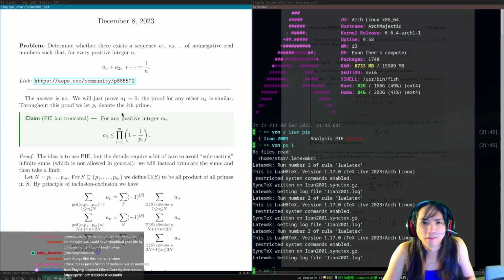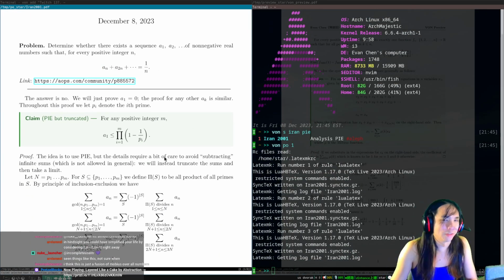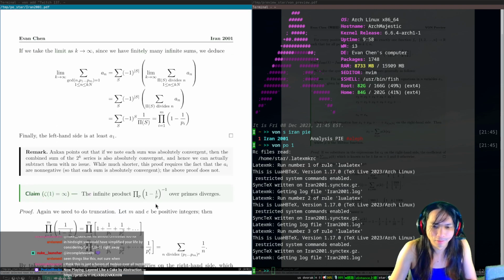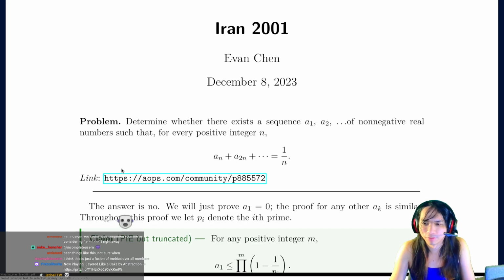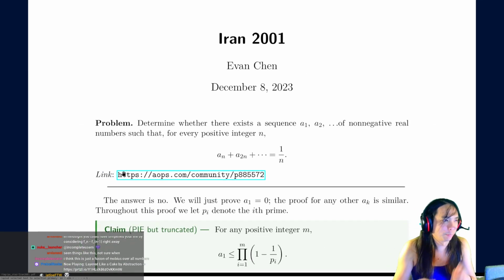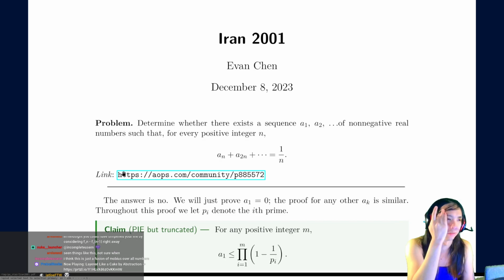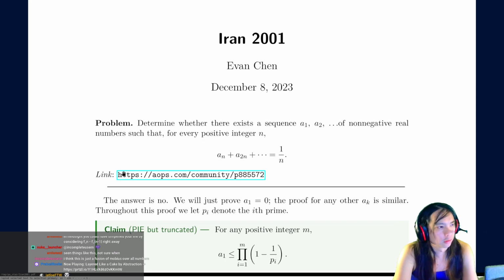Ta-da! This one's a little different. This one's a little more complicated because there's a lot of non-trivial analysis involved. If you try to apply Mobius directly to this, you will burn yourself because none of the things involved are absolutely convergent. But I was like, I must have seen this exact system somewhere.